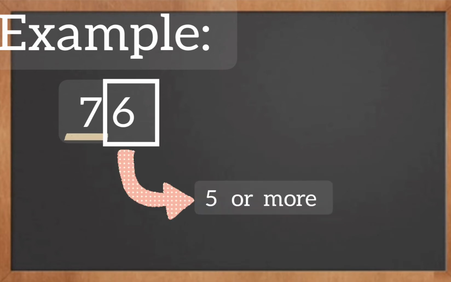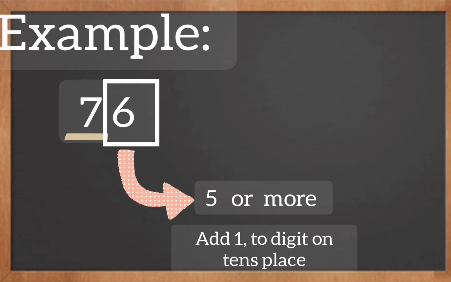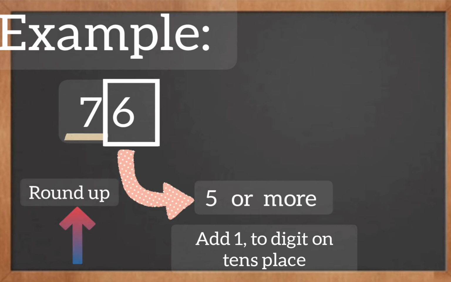If the number is 5 or more, then we are going to add 1 to the digit in the tens place. So if the number is from 5 to 9, then we round up. What is round up? To add 1 number to the tens place, the number that we are rounding off.